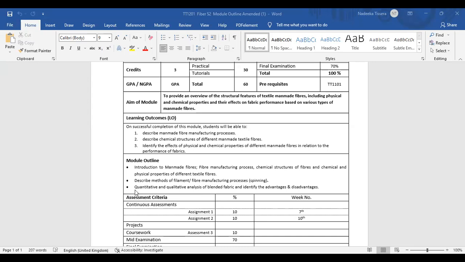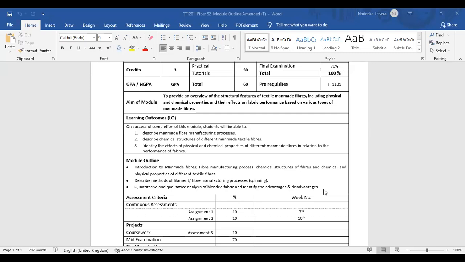The third module outline is quantitative and qualitative analysis of blended fabric and identifying the advantages and disadvantages. When it comes to textiles, most of the time there are 100% fibers, maybe 100% natural or cotton, or certain other fibers, or else it could be a blend.